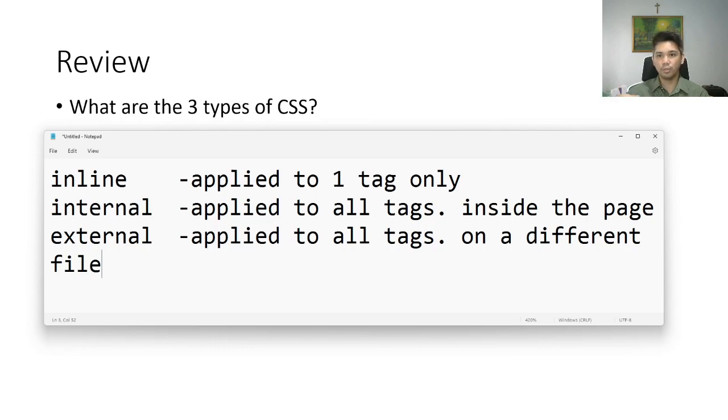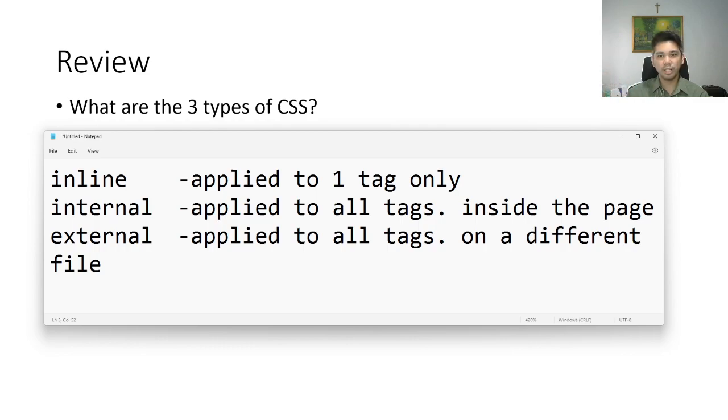Another thing is when you use multiple pages, it is better to use external CSS. Just imagine you have 50 pages. You write one CSS file, and then for those 50 different pages, you will just link to the CSS file.